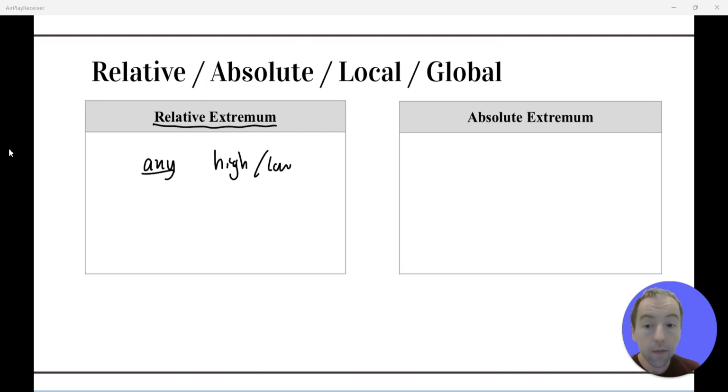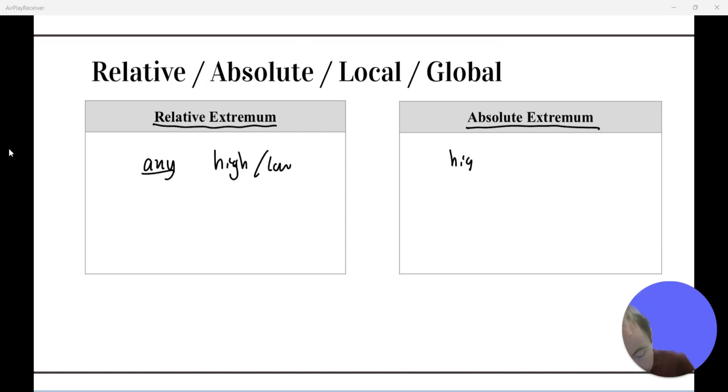So the ones that are not the highest and the ones that are not the lowest are relative, and then also the one that is the highest is still a relative extremum, and the one that is the lowest is still a relative extremum. Because in those areas of the graph, the highest point is going to be a high point in that area of the graph, and same thing for the low point. So any high points, any low points are always relative extremum, okay? So the absolute extremum means it absolutely is the most extreme point, right?